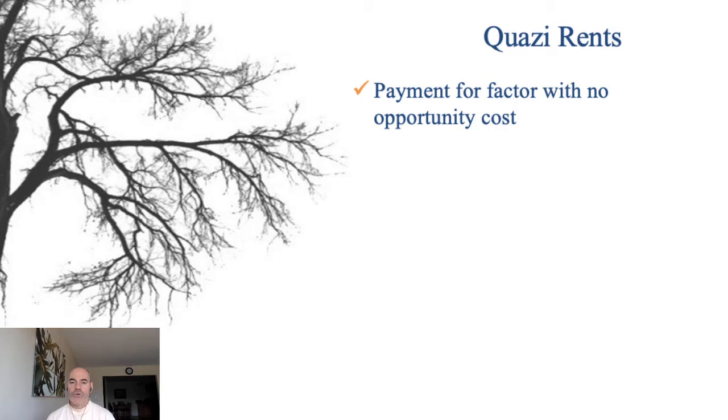Because your quasi-rents will be a determinant factor that will allow you to tolerate those losses. So I want you to understand that quasi-rents are real and drive behavioral choices in our everyday life.